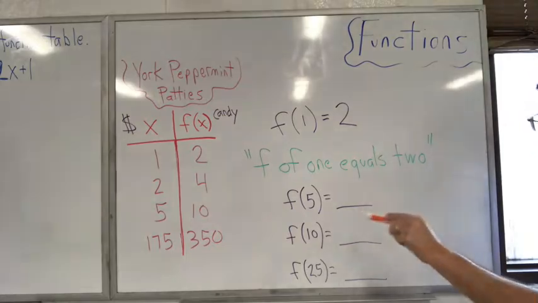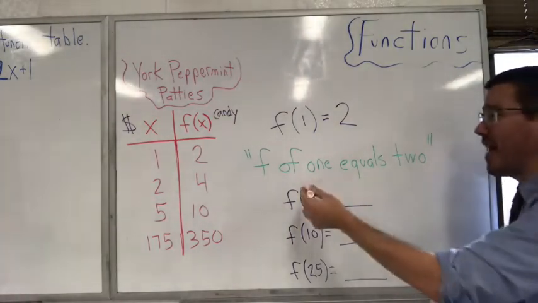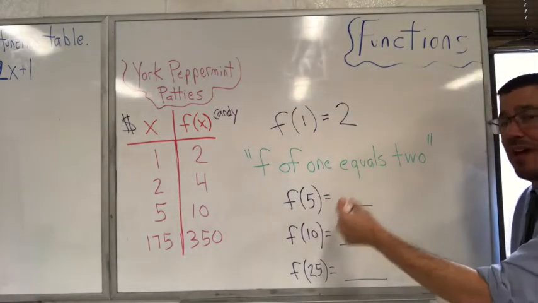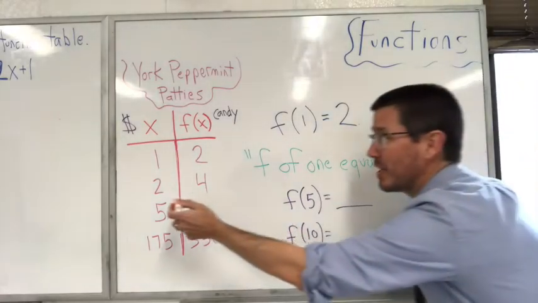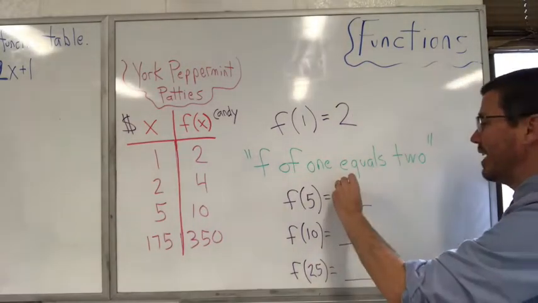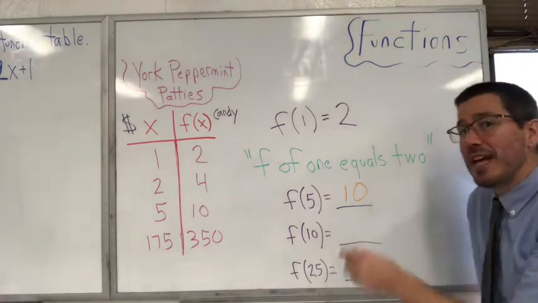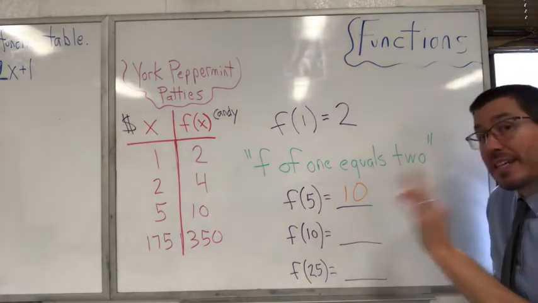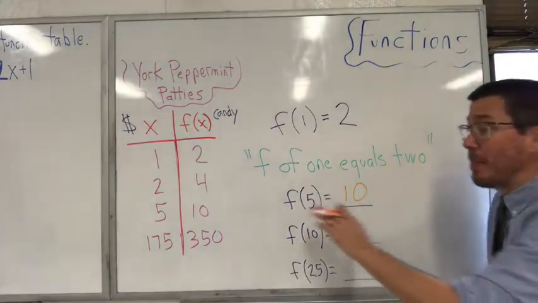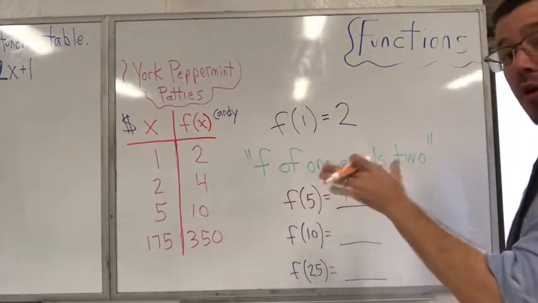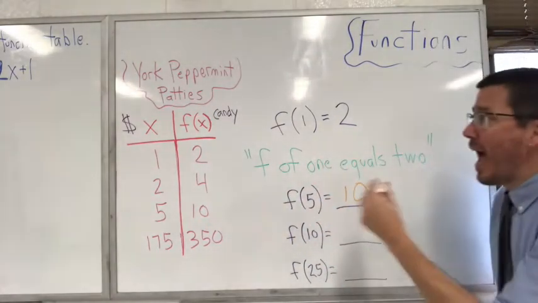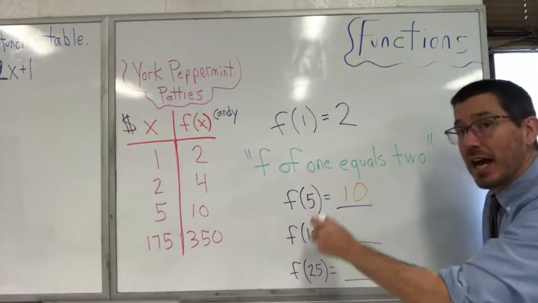So we're gonna come down here and answer some quick questions. What is F of 5? F of 5 is 10, because for $5, I get 10 candies. Tricksy question, what is F of 10? It's not on the chart, actually. Now, your eyes immediately went here, but that's in the wrong spot of the chart. F of 10 means how much candy do I get if I input $10?